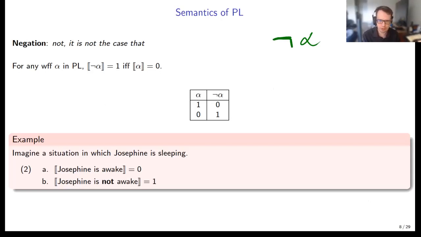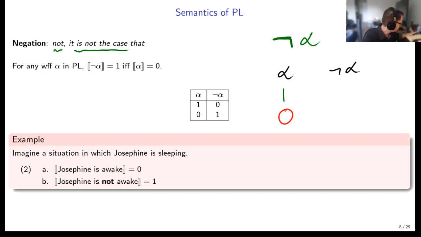In English, we usually see these as "not," or "it is not the case that," or "it is not true that," or "it does not happen to be that." Usually the word "not" is in some sort of phrase. And what happens, and I'll try to use colors for these too, is that if you have a truth value, like 1 or 0, in your original sentence alpha, the negation flips the truth value.